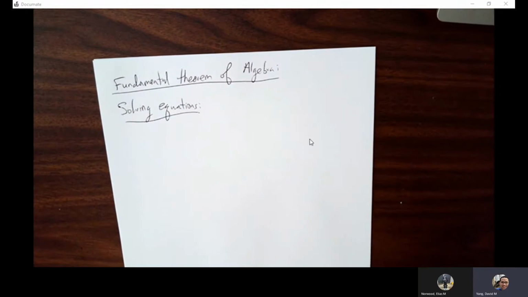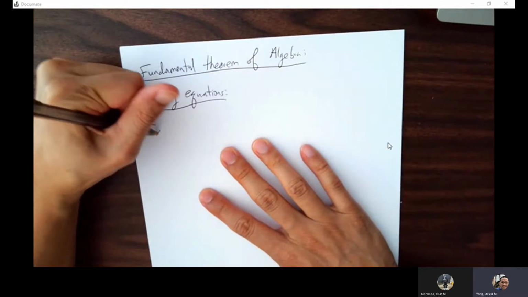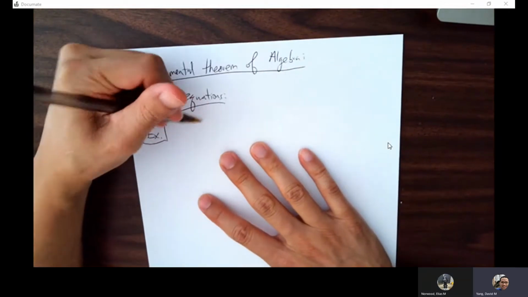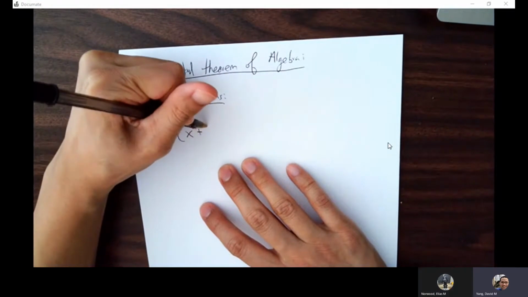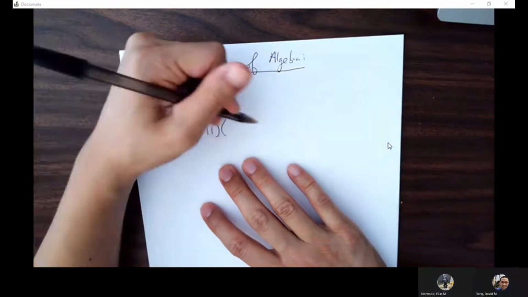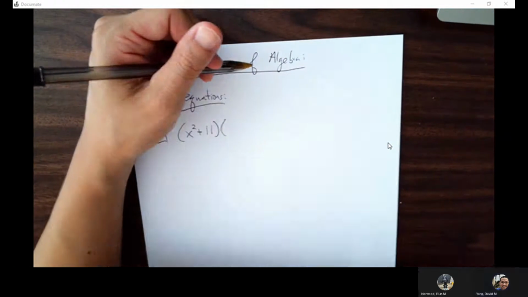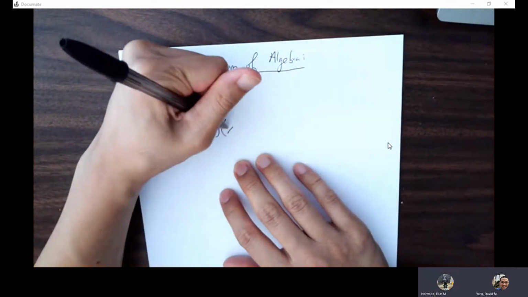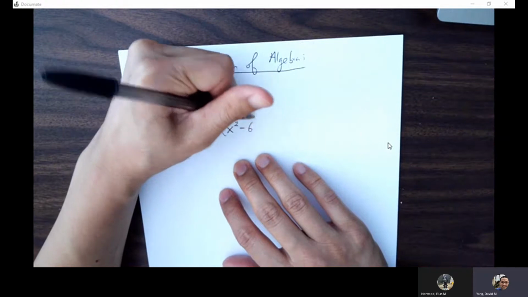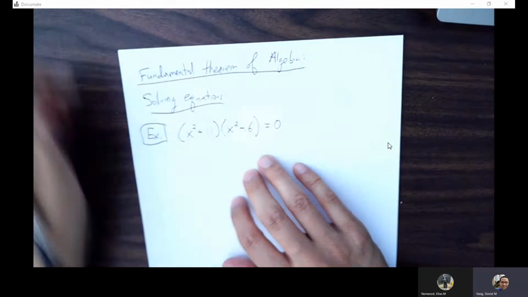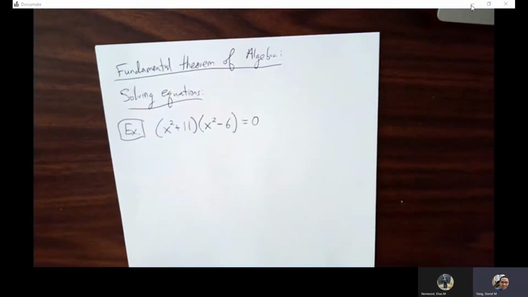This is number 3. Okay, all right, I'll pull something similar here. x squared plus 11 and x squared minus 6. All right, so how would you start this?